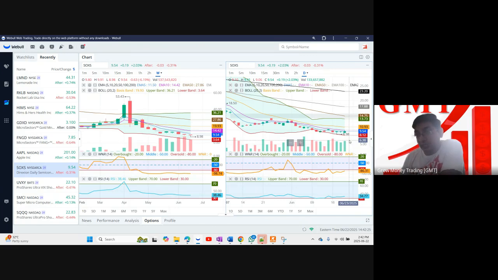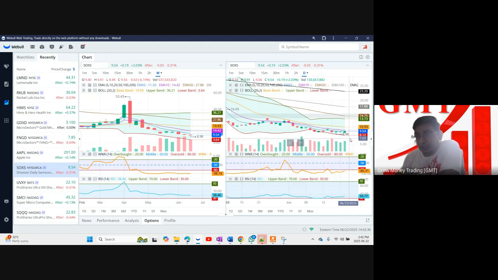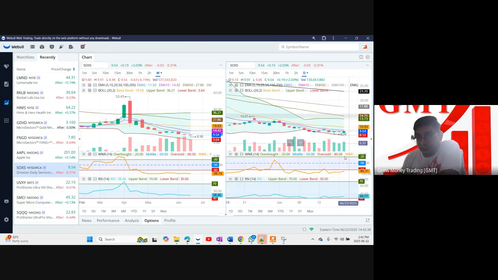For taking quick trades, because it's an inverse ETF, you should be taking this trade only for short term trades. From the current price level, looking on the daily chart, the Williams R has reversed up. RSI has also almost slightly reversed up.